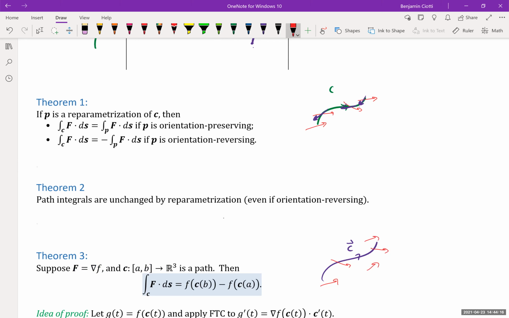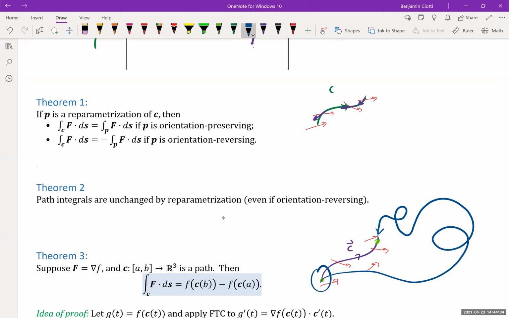Well, as long as the scalar field is a gradient, it doesn't matter how you got from this point to this one. You'll get the same answer even if you go on this very long, windy, circuitous route. It only depends on the two endpoints of the path.